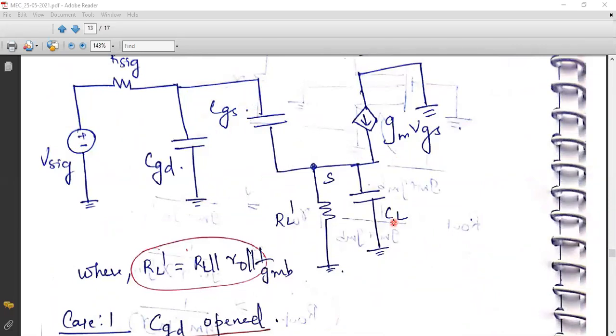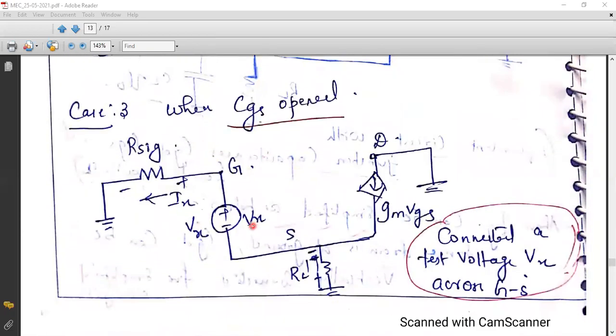At the same time, the remaining capacitances CGD and CL will also be removed; they will not come into the picture at all, so they will be equal to 0. In the place of CGS, I will fix a dummy voltage source Vx and mark the current Ix, the current coming from Vx.